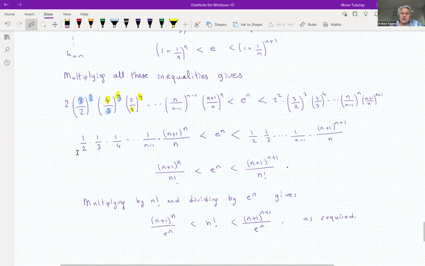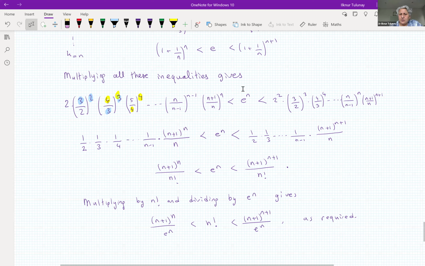So this is 1/2, from here 1/3, from here 1/4. If I keep looking at the pattern, the last term will be n plus 1 over n, and everything else will be gone. The n minus 1 over to the n minus 1 will be gone, and only the n will be left. I hope this is clear.